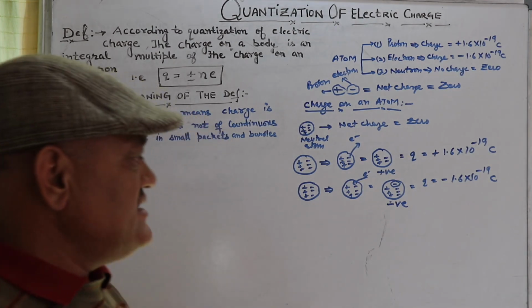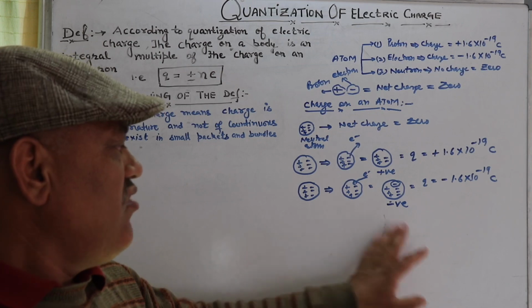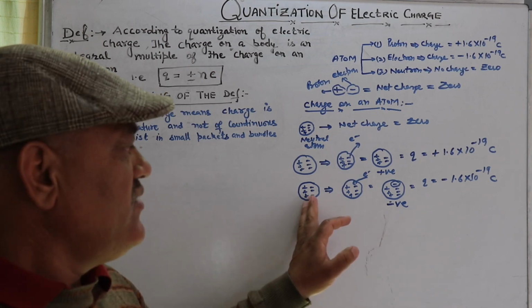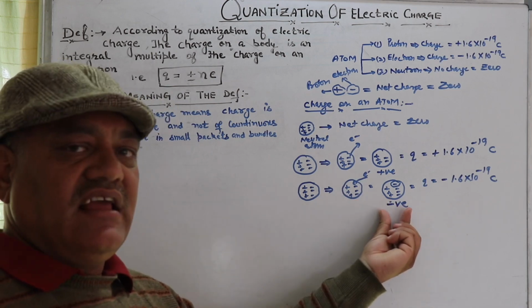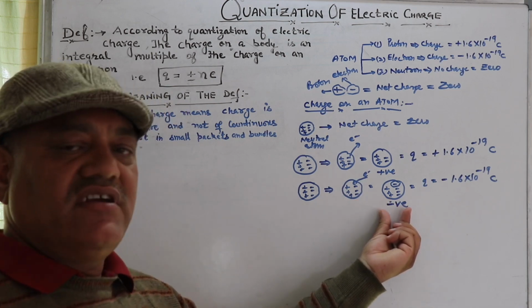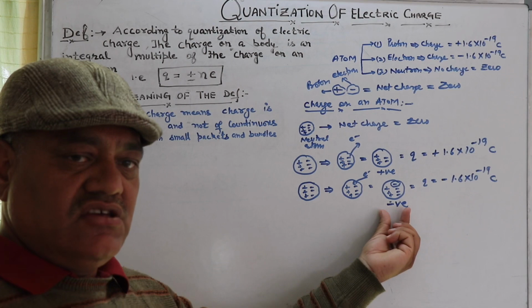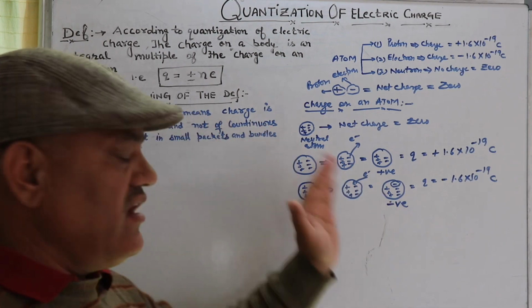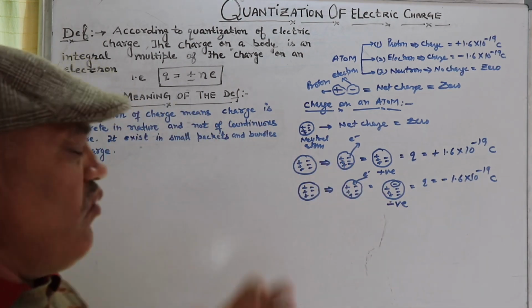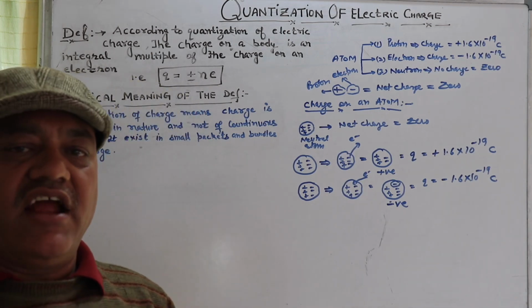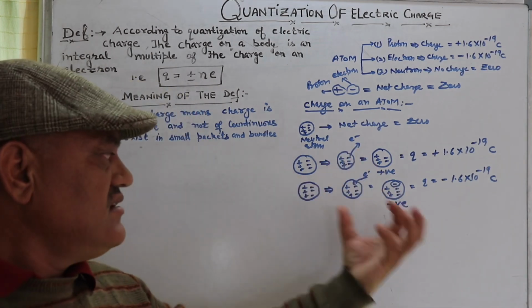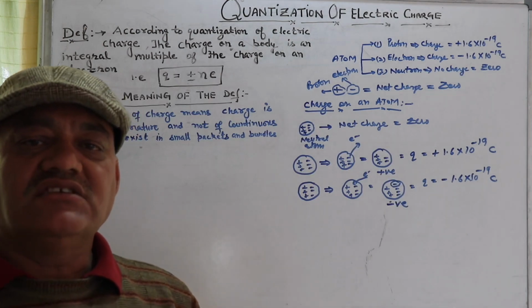So in this case we find that when a neutral atom gains one electron, then it acquires the negative charge. So from here we find that when an atom loses or gains an electron, it is converted into a charged particle.